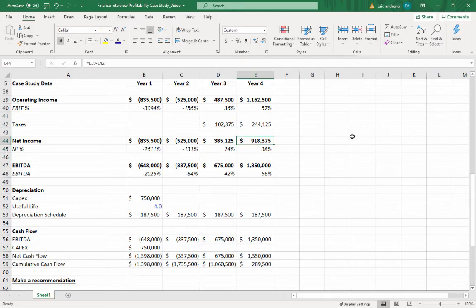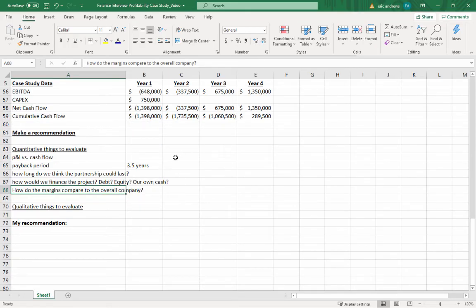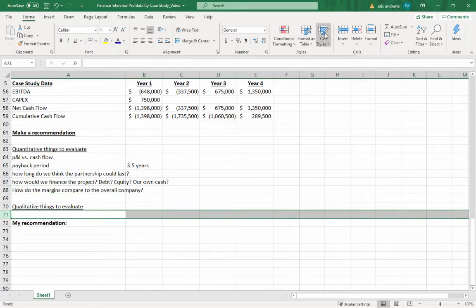Would we want to pursue something that has a 38% net profit margin if our core business is 60%? Maybe not. But if our core business is break even and has a 5% or less profit margin, maybe this would be really helpful. So understanding how this potential partnership compares to their overall company would be really helpful. So I would ask your interviewer that too.